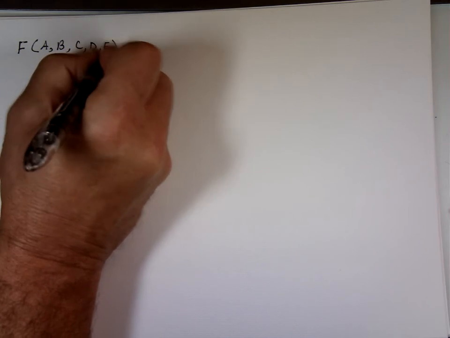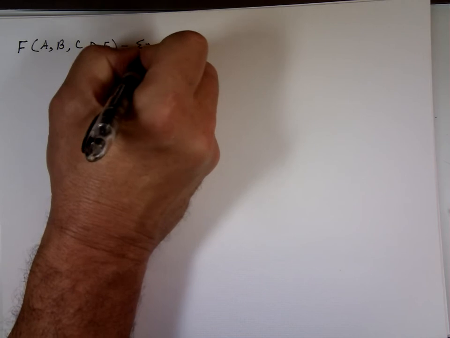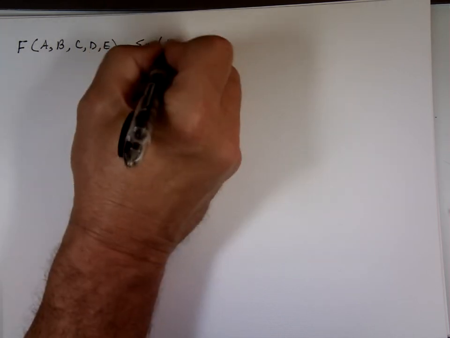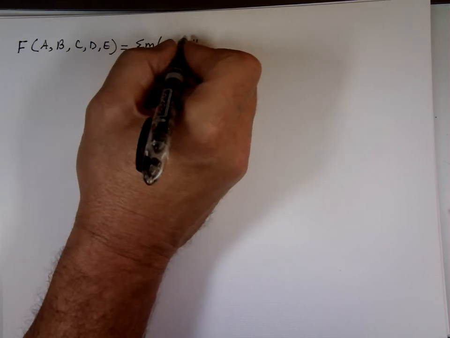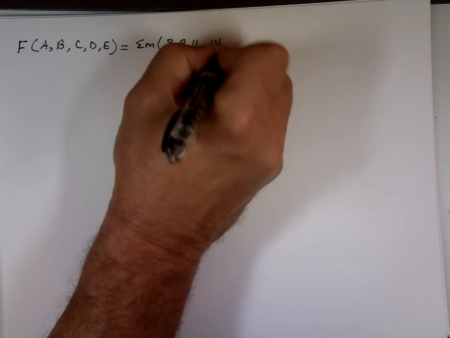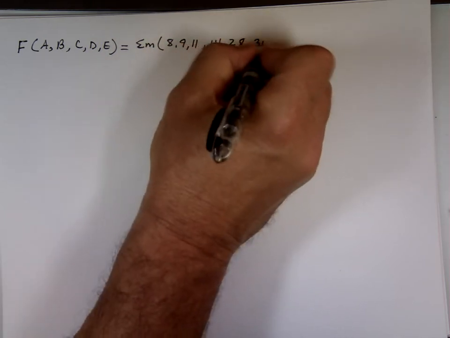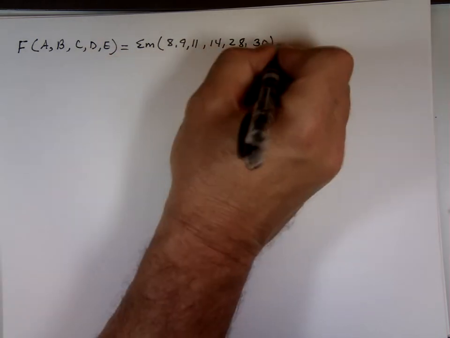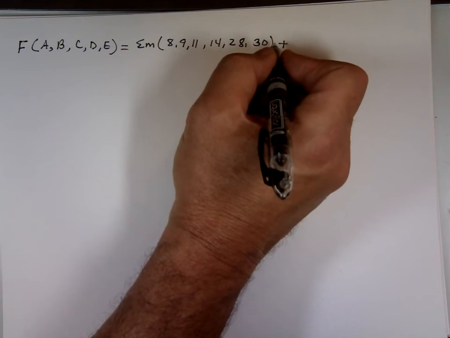And it's the summation of 8, 9, 11, 14, 28, and 30, plus d, or the summation of d. You might see a book not put the summation, just write d.